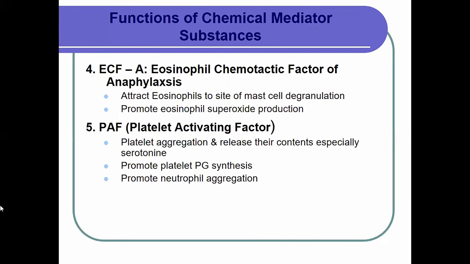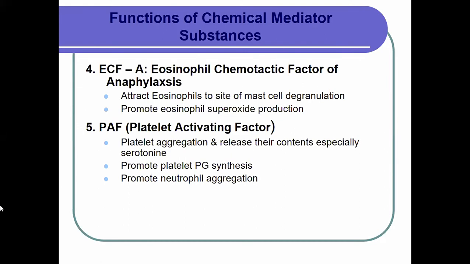And then we have the eosinophil chemotactic factor of anaphylaxis. This is responsible for the recruitment of the eosinophil to the area where, again, there is antigen, and upon reaching the area, it will cause degranulation, releasing important substances.